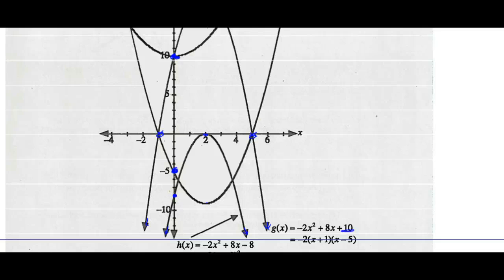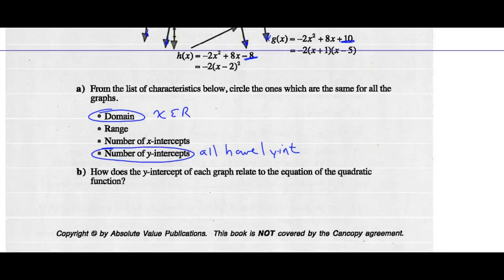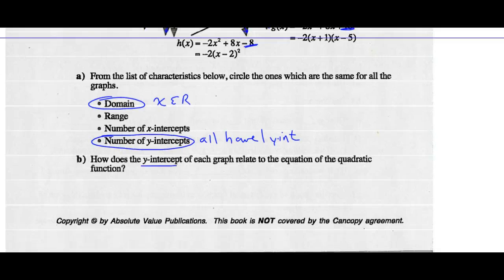For g at x, the constant term is 10, and that one comes back down here, crosses the y-axis at 10. For h at x, it's -8. Looks like it crosses here at -8 for h at x. So it looks like the y-intercept is still equal to the constant term, even in degree 2 functions.